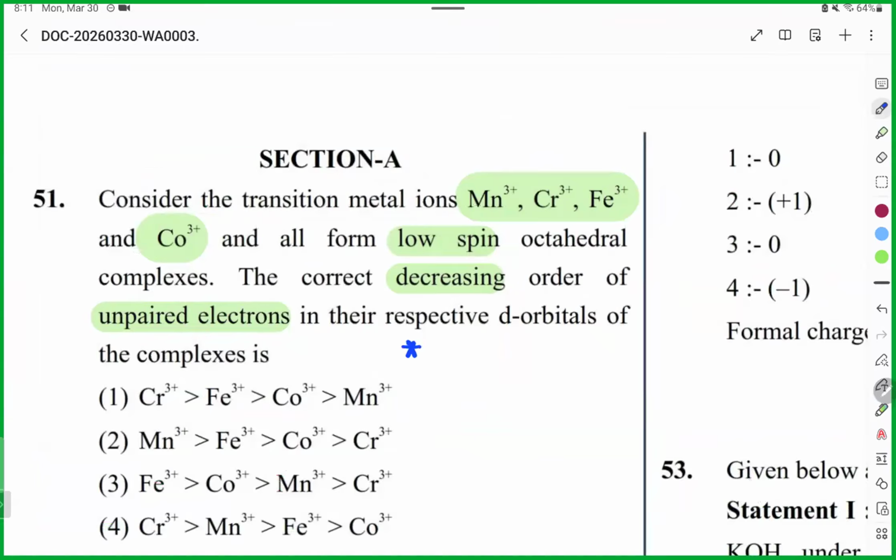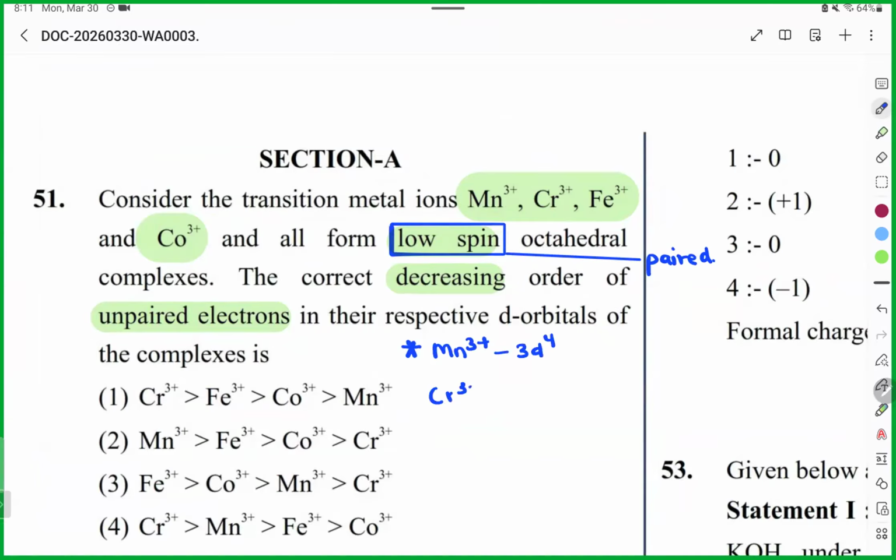When we are solving this question, all are low spin. Low spin means there are paired electrons. Whatever number you have, all electrons are paired. If you see Mn3+, it will be 3d4.